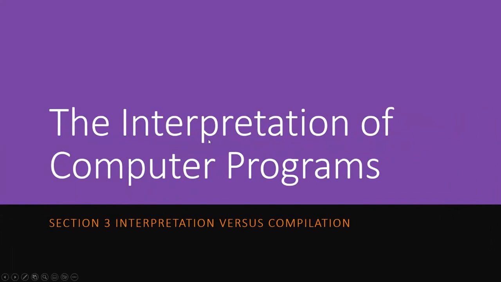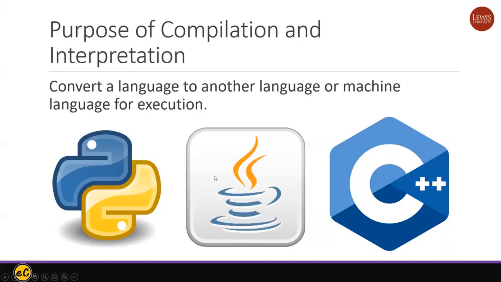Then we talk about the interpretation of computer programs. This is the core knowledge that we need to learn for this book, right? The book is called The Structure and Interpretation of Computer Programs. So basically, it's talking about translation. And for translation, we have three typical examples: Python, Java, and C++.